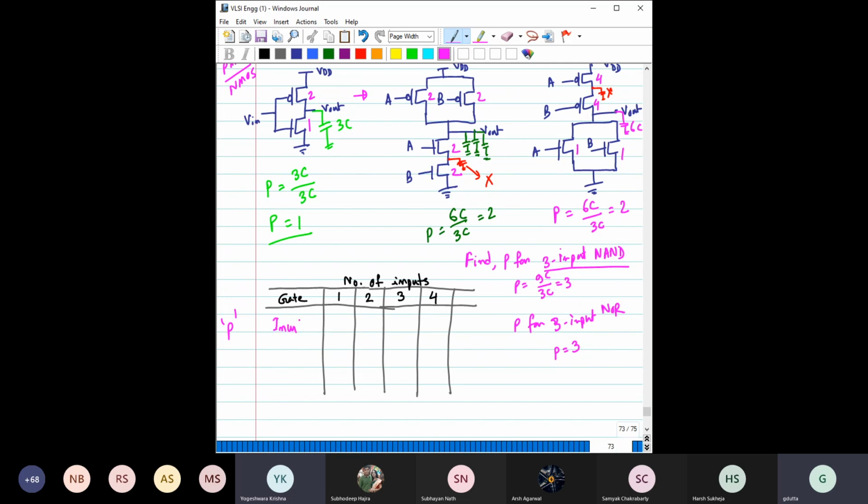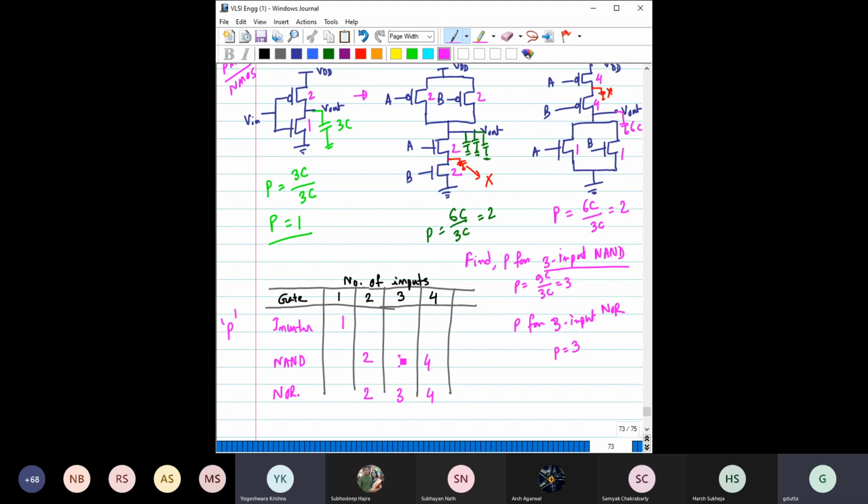First one is this inverter, second one is NAND, third one is NOR. For inverter it is 1, for NAND and NOR with 2 inputs it is 2, with 3 inputs it is 3. Here also if you make it 4, it is 4. So basically the number of inputs for NAND and NOR should be the same as P.